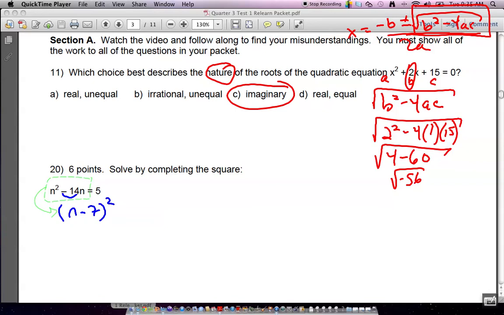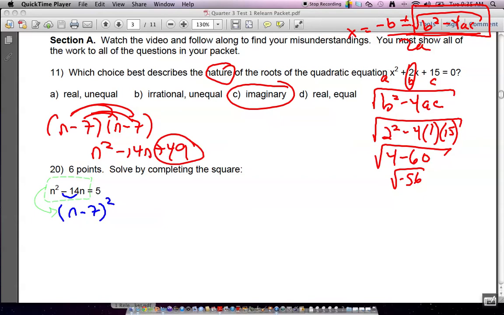The reason it does not equal n minus 7 squared is because n minus 7 squared, if I came out here to the side and I double distribute, I'm going to get n squared minus 14n plus 49. And the plus 49 is missing. Now I know it's plus 49 because if I take the negative 7 and I square it, that's how I always find this third part.